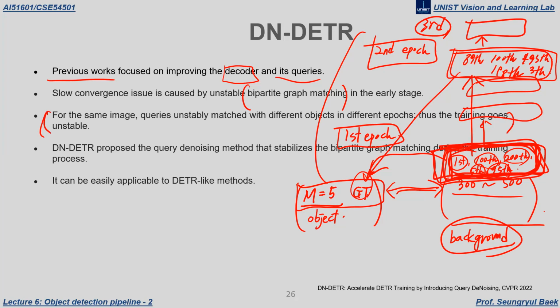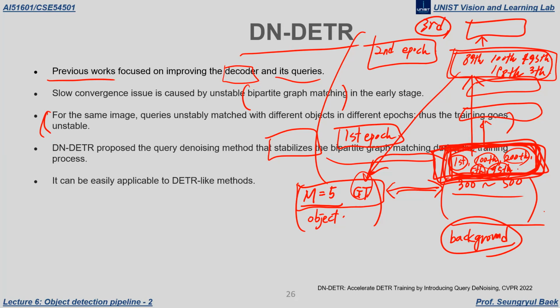Okay, and that makes the slow convergence. So to stabilize the bipartite graph matching, this DN-DTR is proposed.